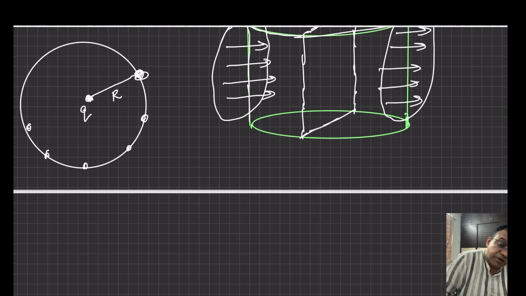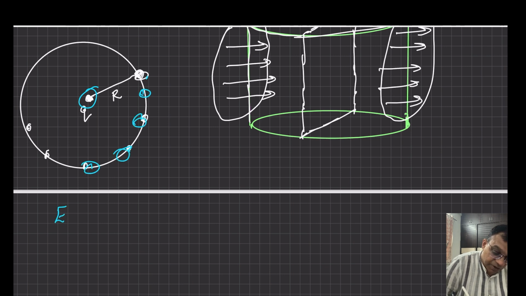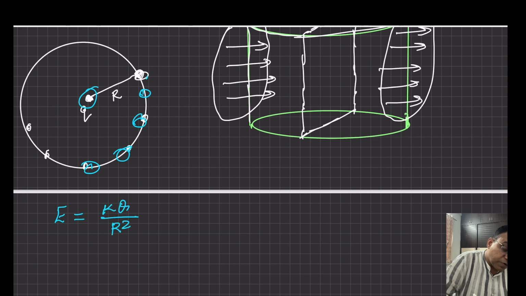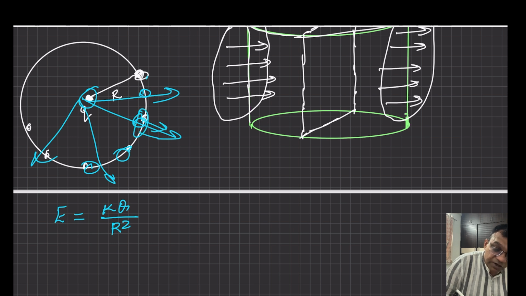Due to this point charge, the electric field at all the points will have the same magnitude. That electric field will be kq upon r square. Now this electric field is in the radially outward direction, and the area is also along the radial outward normal, meaning electric field and area vector are parallel.